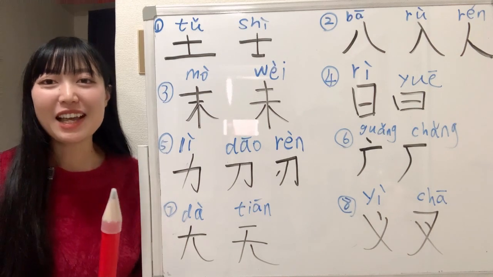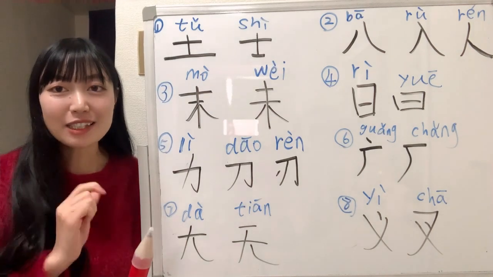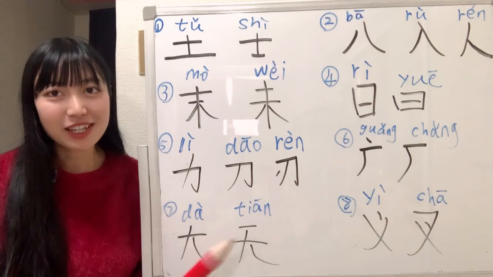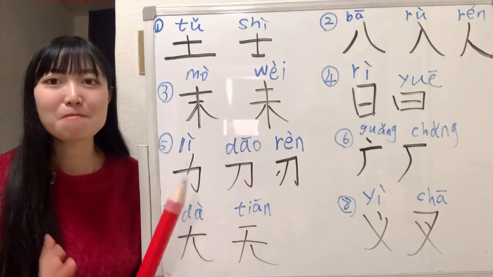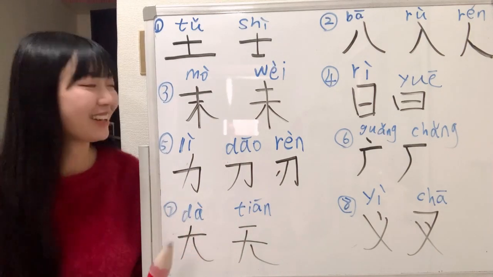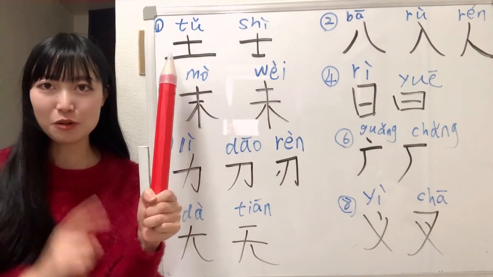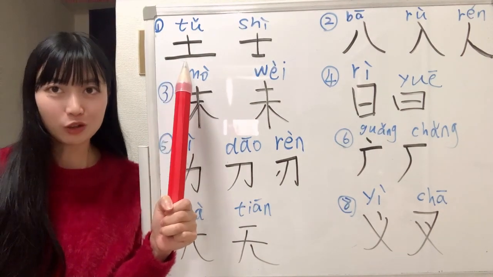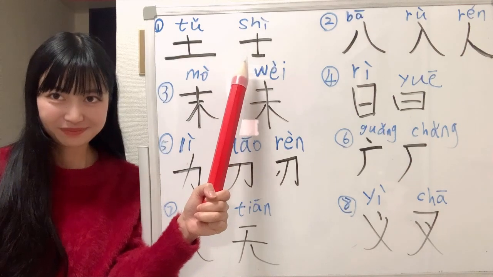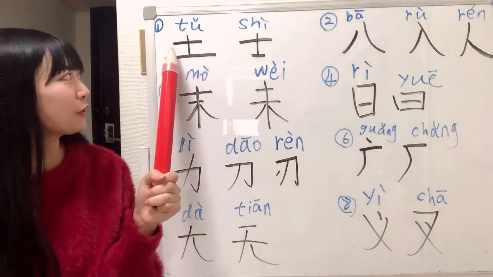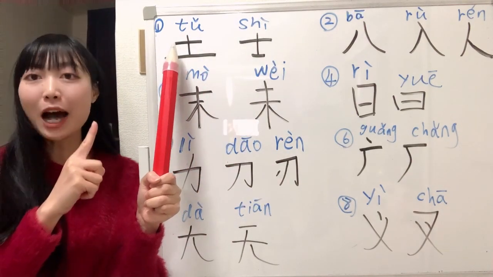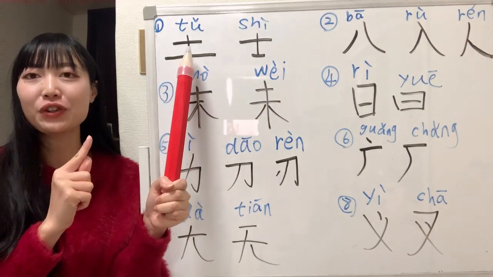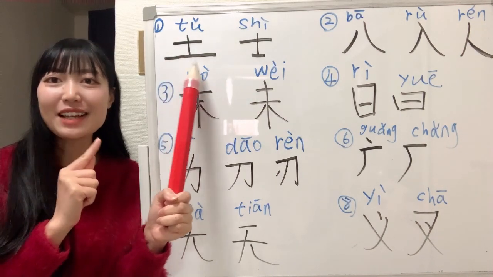But don't worry, today I'm going to teach you 8 groups of characters. They look so similar, but they have different meanings. The first group is 土 and 士. The up line is shorter than the second line.